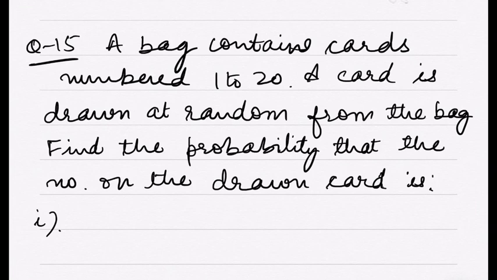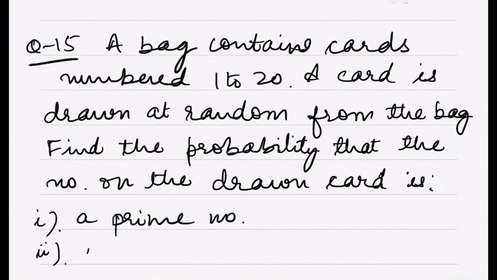Okay guys, so question number 15. A bag contains cards numbered 1 to 20. A card is drawn at random from the bag. Find the probability that the number on the drawn card is: there are three parts for that. First, the probability of a prime number.